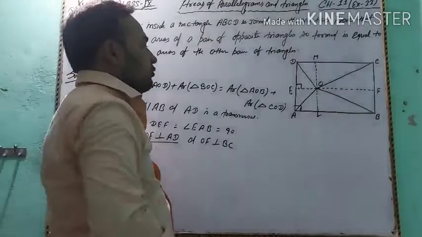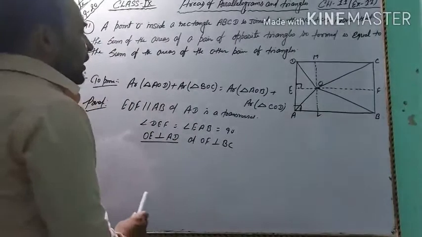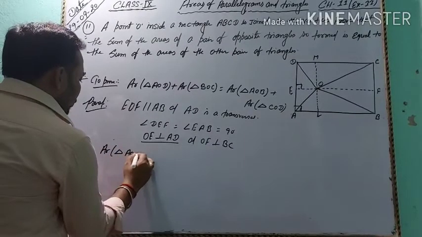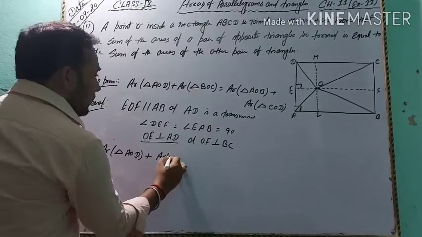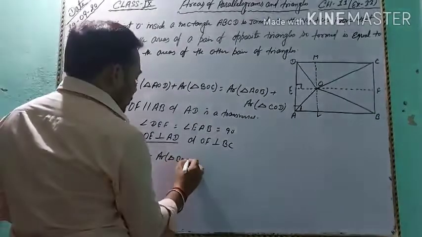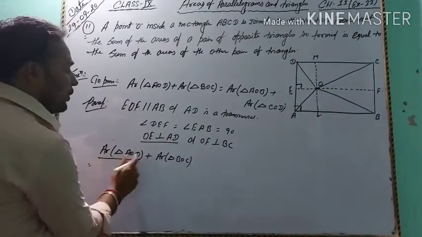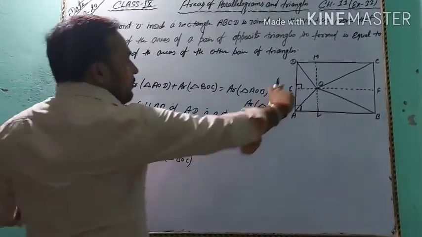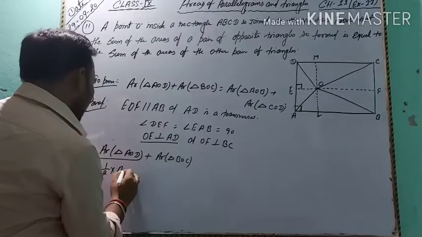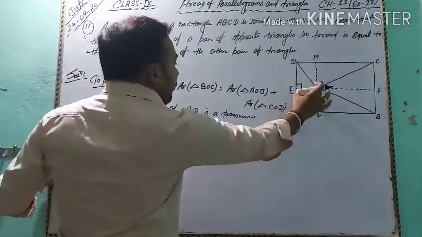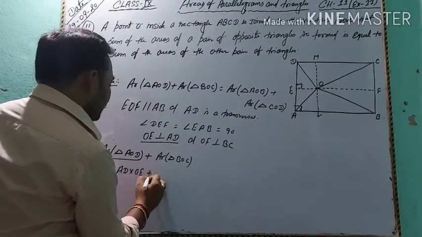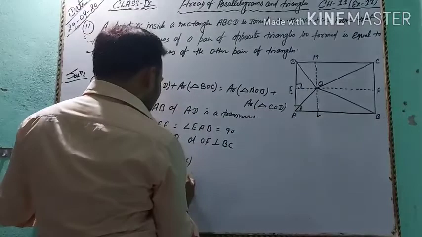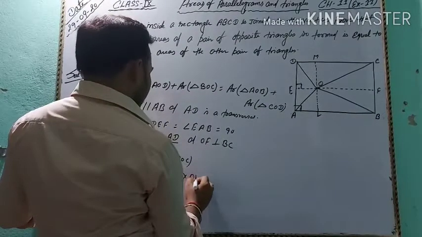Okay. So students, area of triangle AOD plus area of triangle BOC is equal to half into base into height. So 1/2, base AD and height OE, plus area of triangle BOC, 1/2, base BC and height OF.